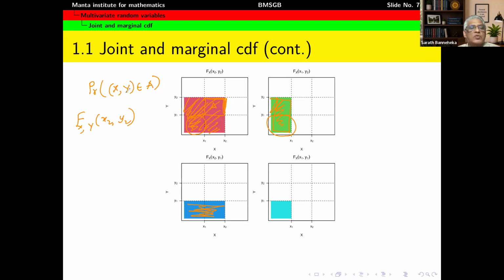The probability that (X, Y) is in A is equal to the probability that it is in this large rectangle, minus the probability that it is in this rectangle, minus the probability that it is in this rectangle, plus the probability that it is in this rectangle. So all those things can be written in terms of cumulative probabilities. So that's what I have done there.